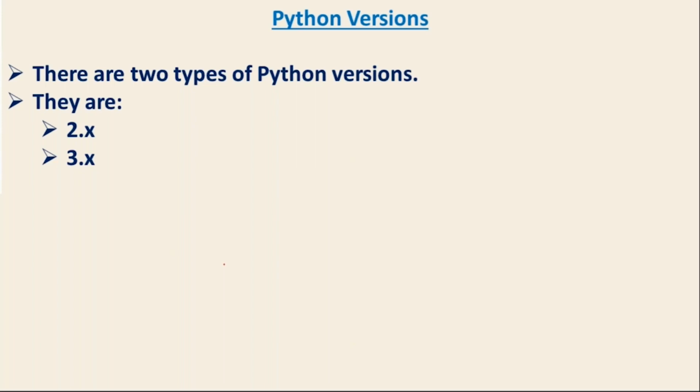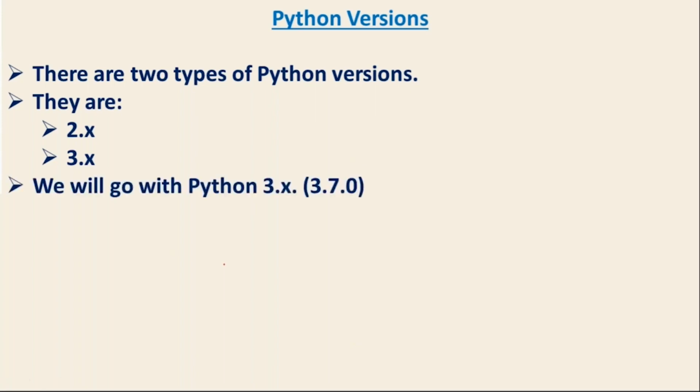So definitely after 2020, all of the organizations are going to move to 3.x. And again in 3.x you have 3.4, 5, 6 and 7. Now the latest version of 3.x is 3.7.x. Now it's better to learn 3.7.x. It may be any version, 3.7.1 or 3.7.2 or 3 or 4, something like that, right?